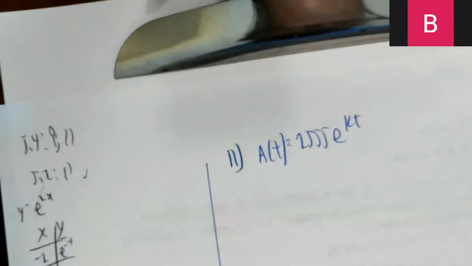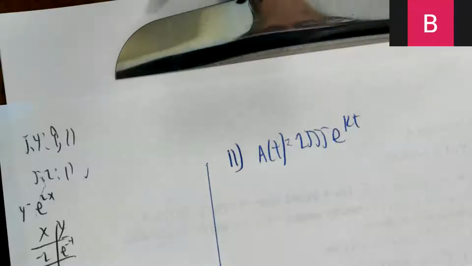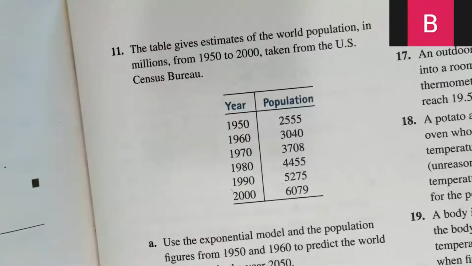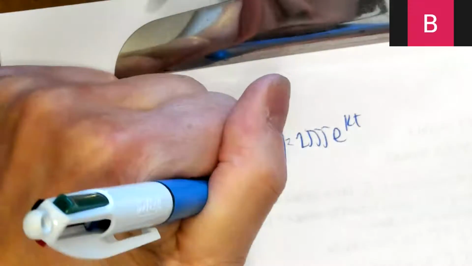So A of t is 2,555 e to the kt. In 1960, the new population is 3040 and the time is 10, the number of years from 1950 to 1960. So 3040 equals 2,555 e to the k times 10.